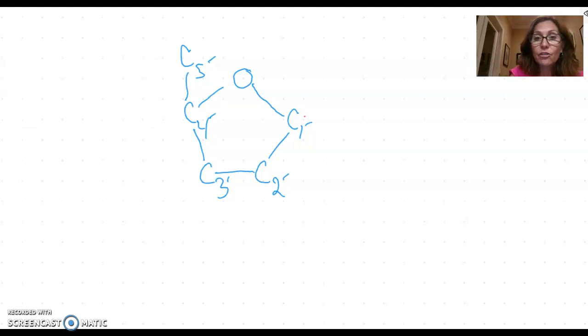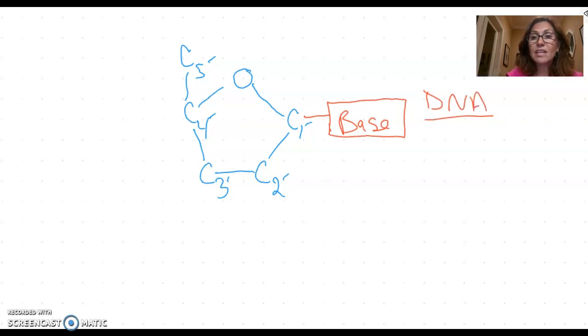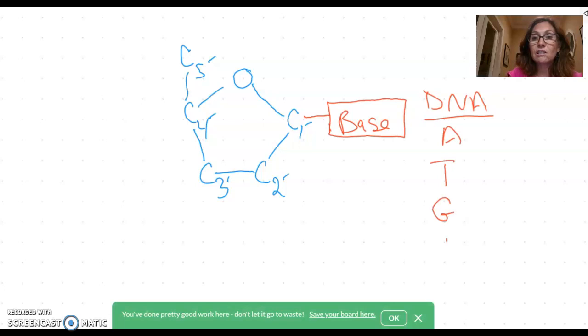On the 1' carbon, we're going to have our nitrogenous base. For now, I'm just going to write base. As you know, in DNA, these bases are A, T, G, or C. In RNA, on the other hand, let me get a different color here, green and red, right?